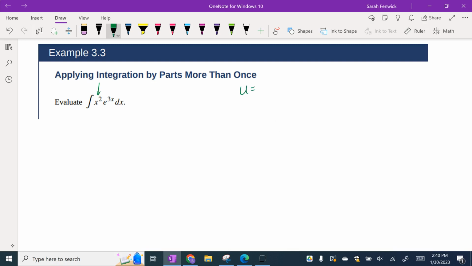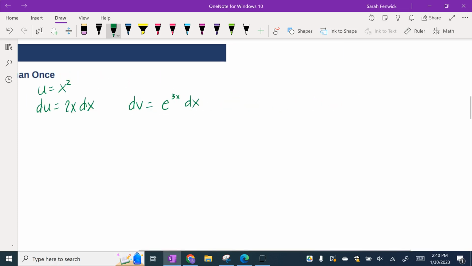So if we say that u is x squared, then du is 2x dx. dv is e to the 3x dx. So guys, I'm going to come over here to the side.